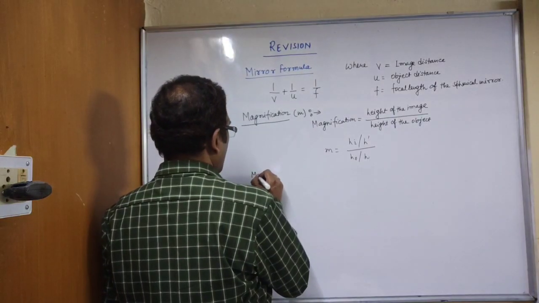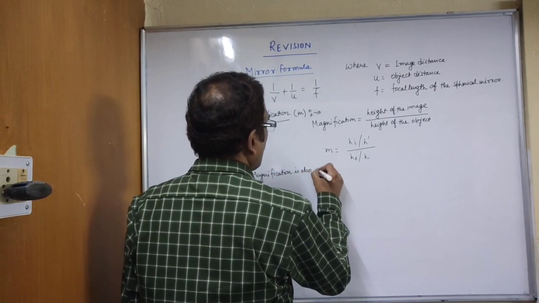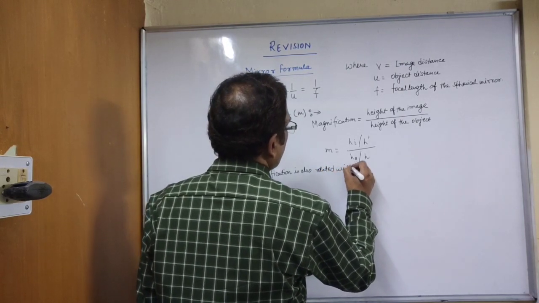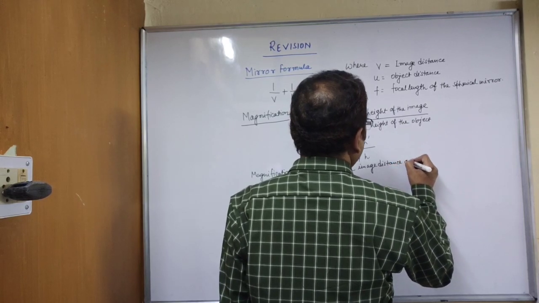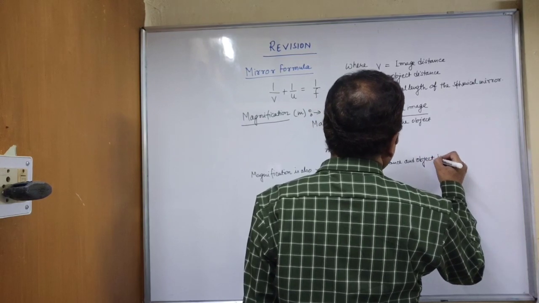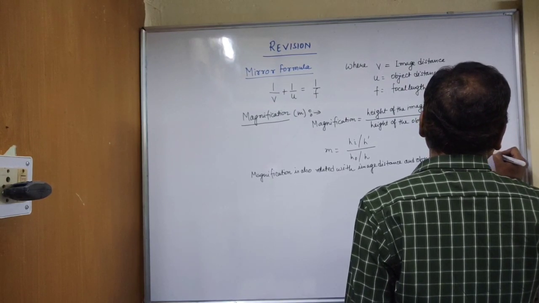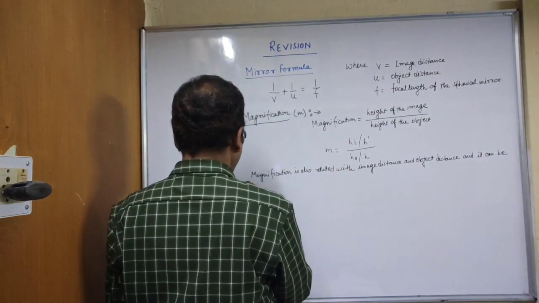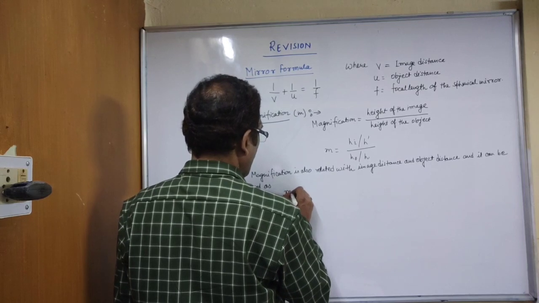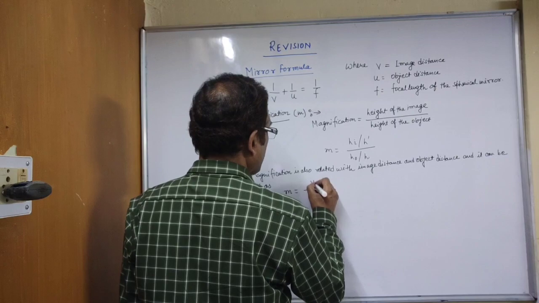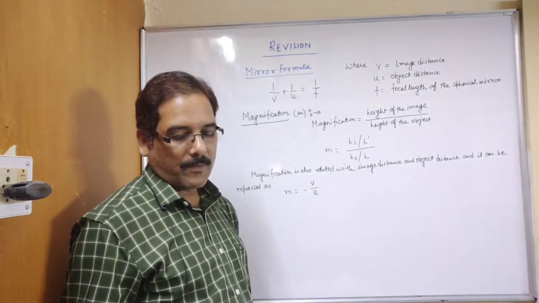Magnification is also related with image distance and object distance, and it can be expressed as m is equal to minus v by u. v is the image distance and u is the object distance.